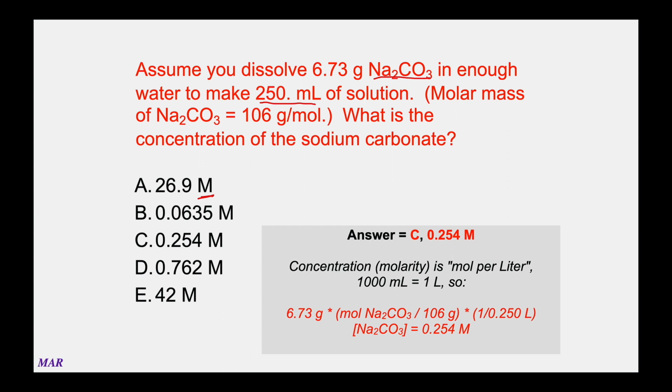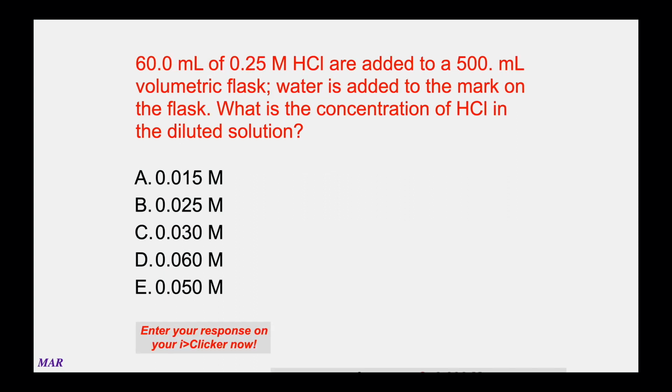And you can see what I did down here, 6.73 grams divided by the molar mass, divided by then again the volume in liters, 0.250 liters, and you have the concentration of the sodium carbonate, 0.254 moles per liter.